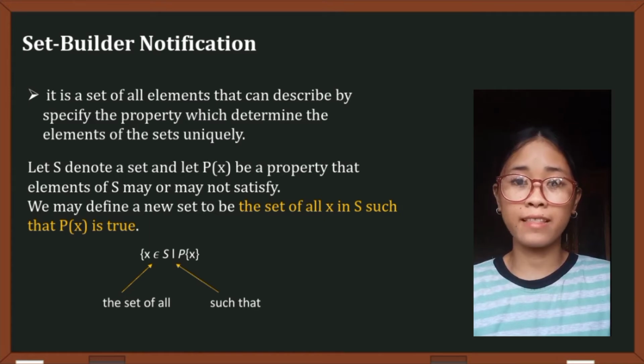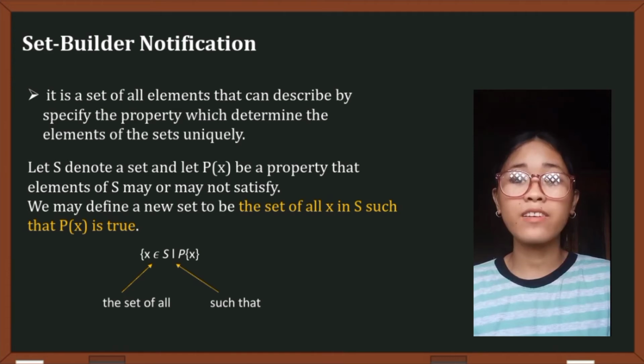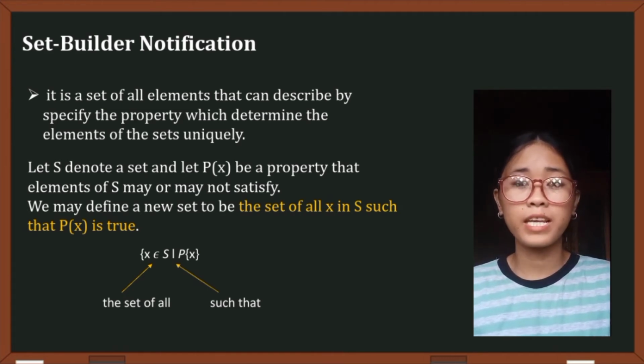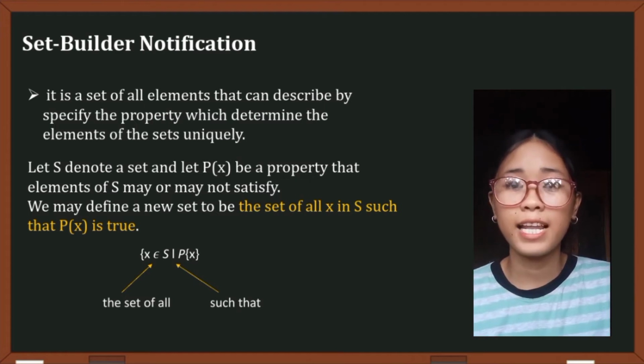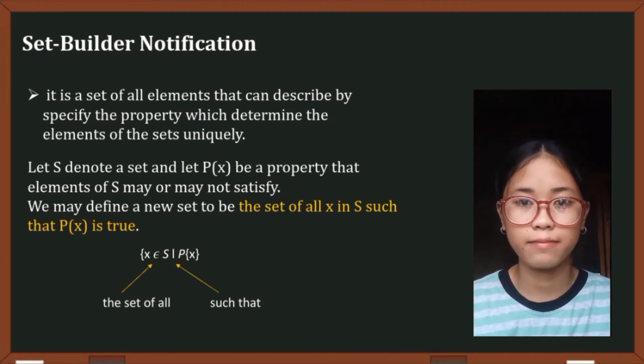To read these set notations, the bracket is called a set and the E is the elements. The bar in the middle can be read as "such that", and the rest is the general property of all members in the set. Like, the set of all X is an element of S such that P of X.